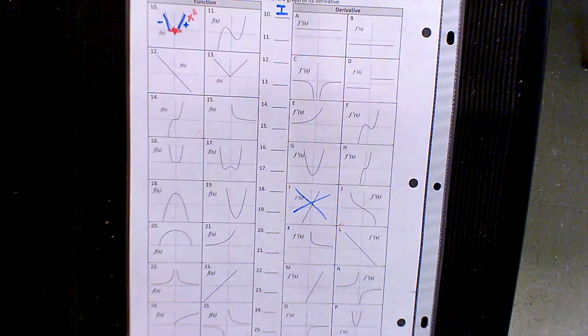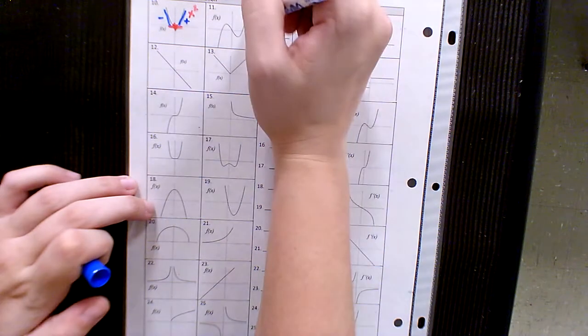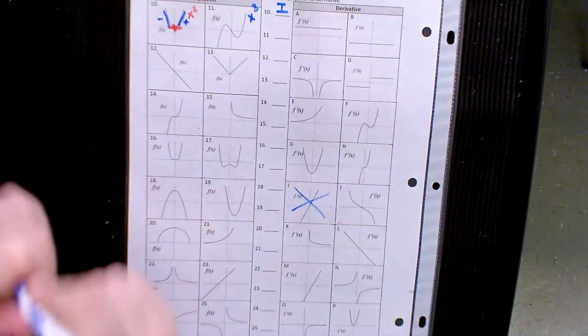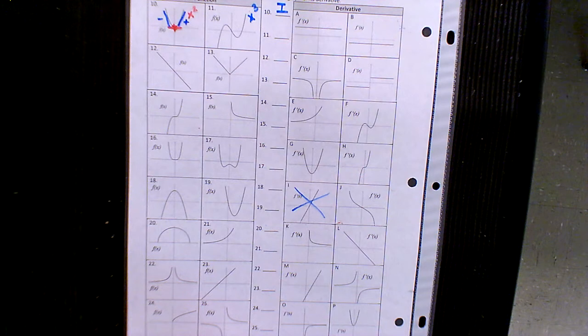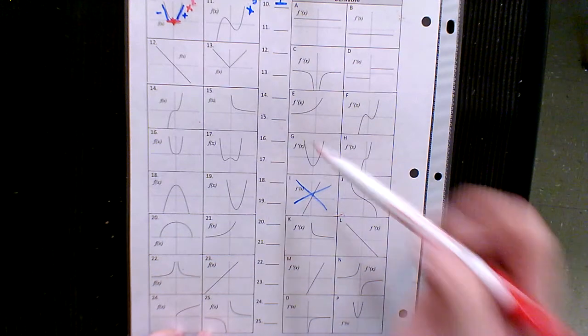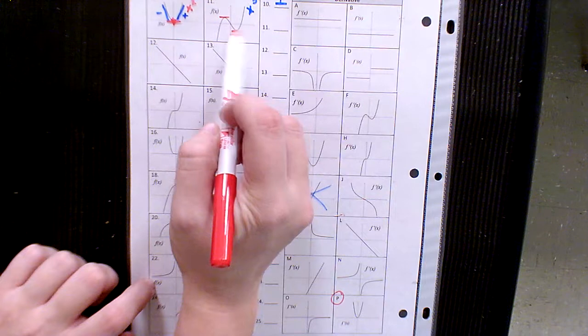Maybe we'll try 11 together as well. Okay, what type of function is 11? Cubic. If you take the derivative of a cubic, you're going to get a quadratic. You go down a degree, and a quadratic looks like a parabola. So out of your options, it looks like we have G and P. Maybe we can take a look at some maxes and mins.